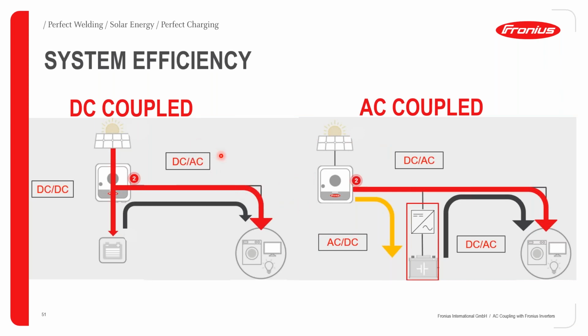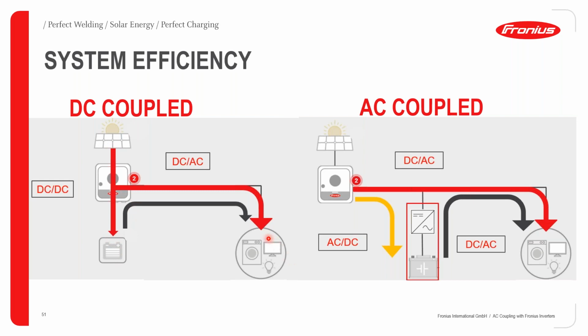So from here, it basically has to do first off with system efficiency. Now, for a DC coupled system, as you can see in this case, there's just one energy conversion, because for DC to DC, it's just basically regulation. DC power just gets regulated and then stored in the battery.